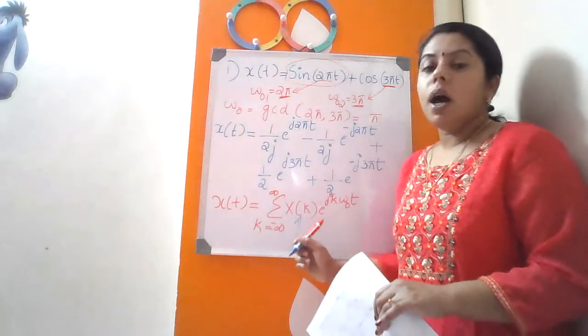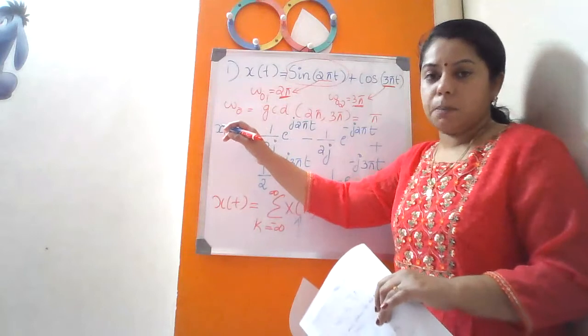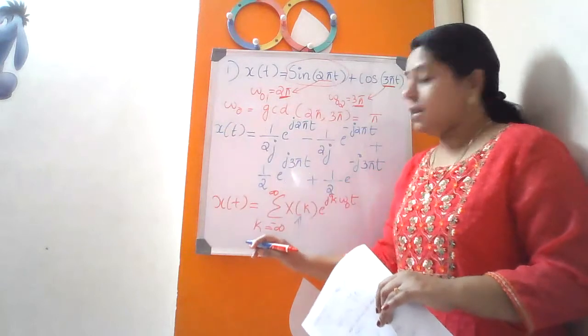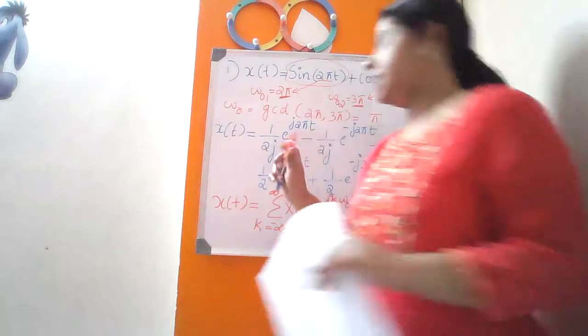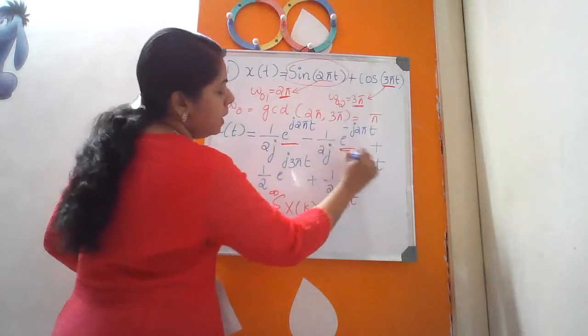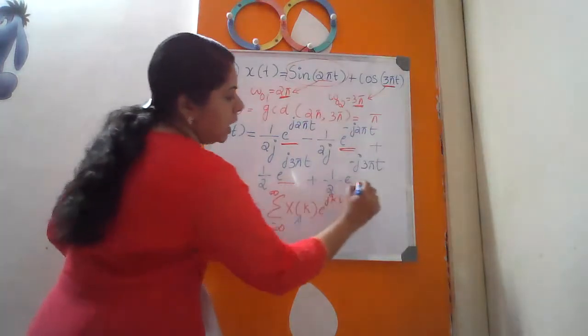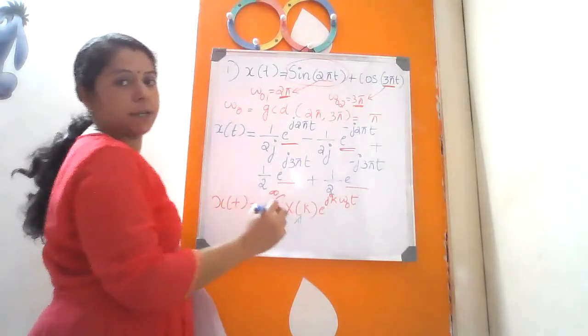Now I'm going to compare whatever we expanded with the synthesis equation. You can see that all these terms have e power j k omega naught t. All the terms are in that format only.